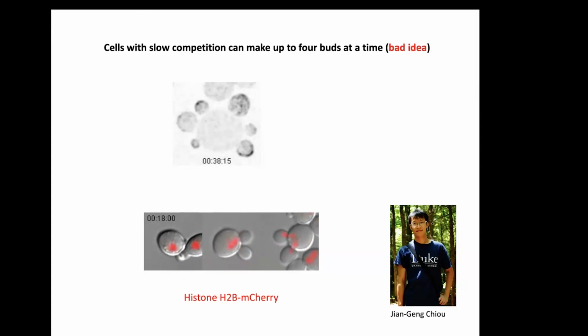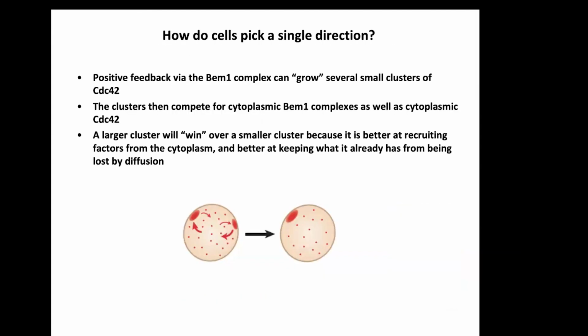Okay. So in answer to that question I posed, what we came up with in studying Saccharomyces cerevisiae, the classical baker's yeast, is the reason that you can polarize spontaneously and have it be one direction is, number one, you have a positive feedback via this complex that amplifies starting noise to grow clusters of polarity molecules at random places on the surface.